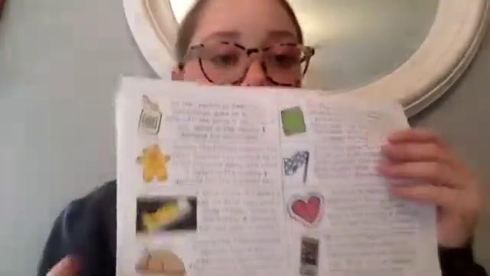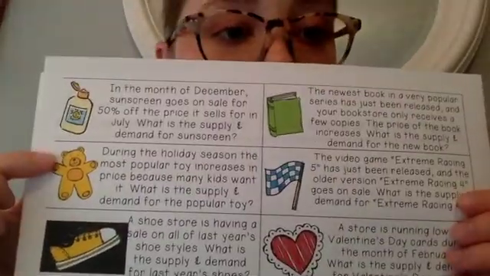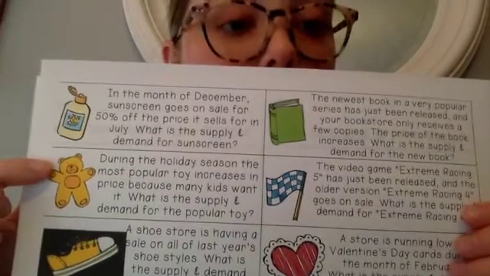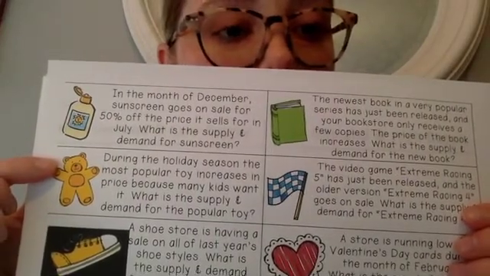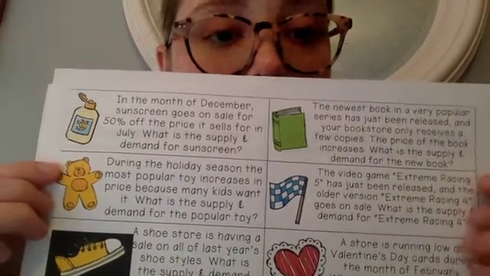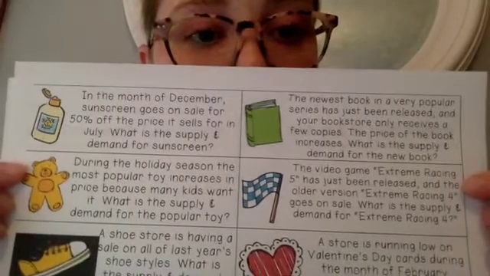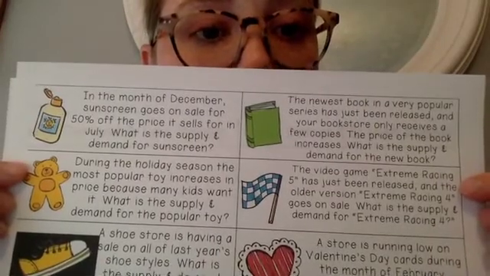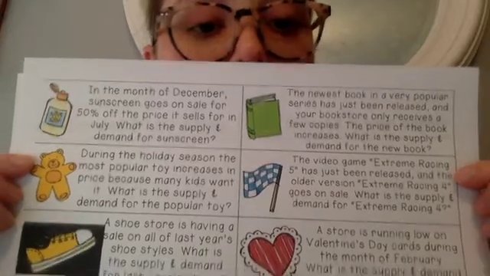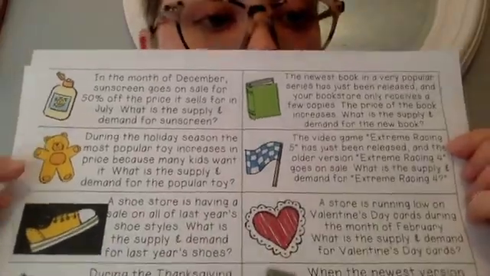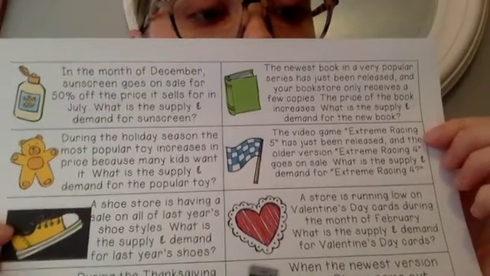I'm going to finish reading the rest of them. This one says, during the holiday season, the most popular toy increases the price because many people want it. What is the supply and demand for the popular toy? The video game Extreme Racing 5 has just been released, and the older version, Extreme Racing 4, goes on sale. What is the supply and demand for Extreme Racing 4? A shoe store is having a sale on all of last year's shoe styles.